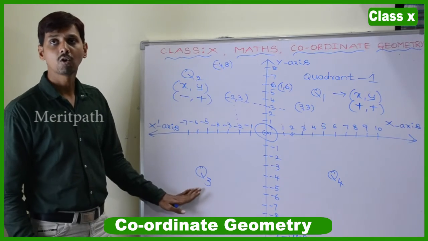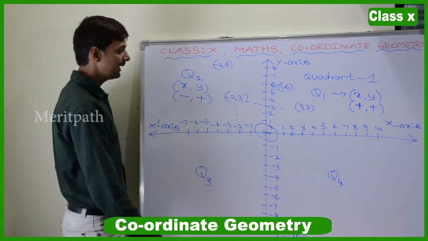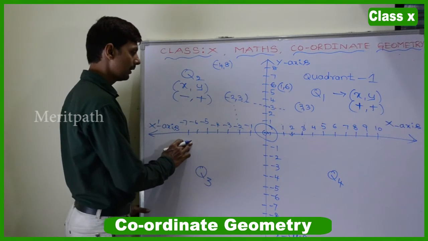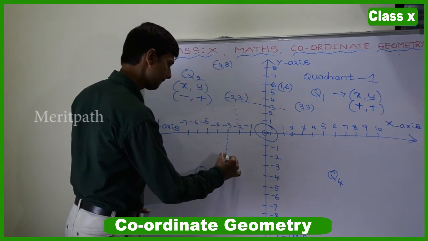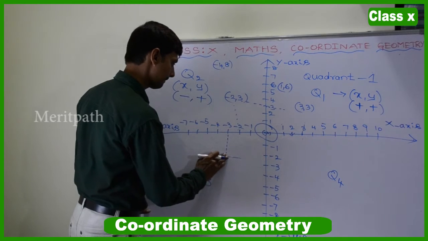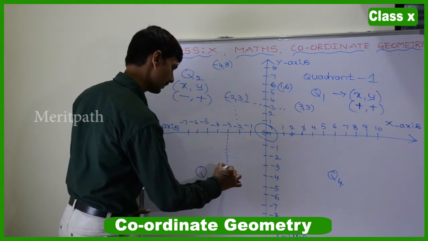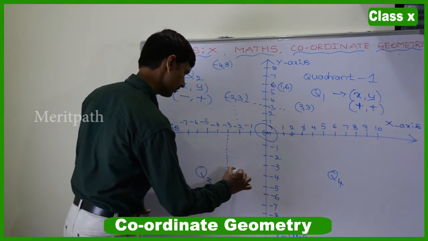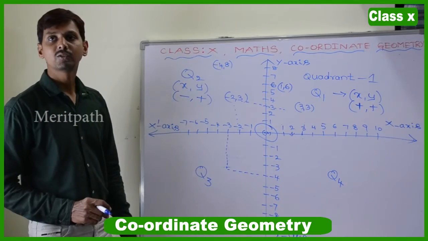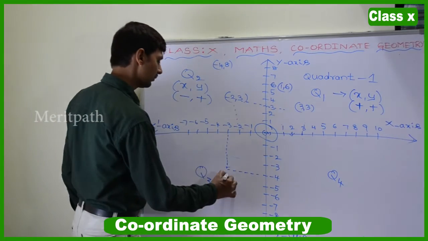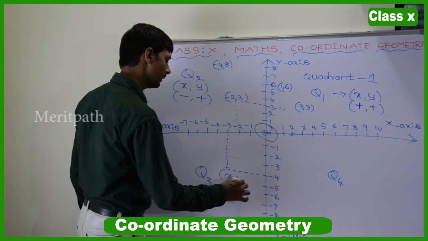So let us see quadrant 3. If we take any point in this place, let us take the point -3 and -4. We need to take the x coordinate of the point first and the y coordinate of the point second.